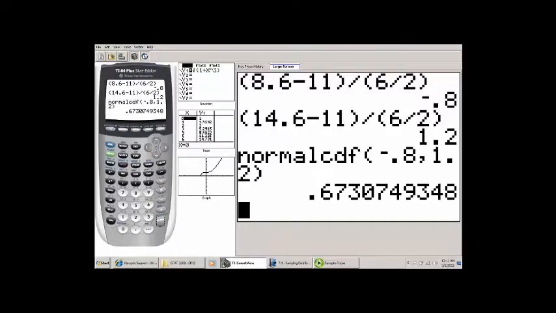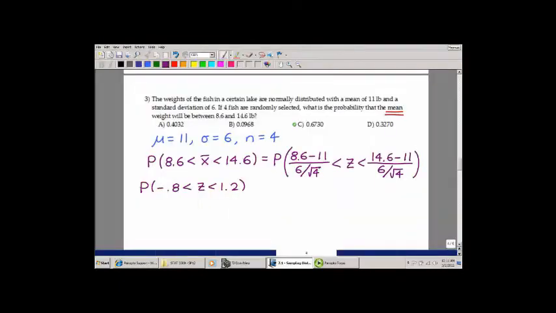Enter, looks like about 0.6731. Let's see how we did there. Okay, it's a little off, but that's all right. You won't have answer choices that close together on an exam, so I think that's not going to be an issue at all, so that's quite all right.